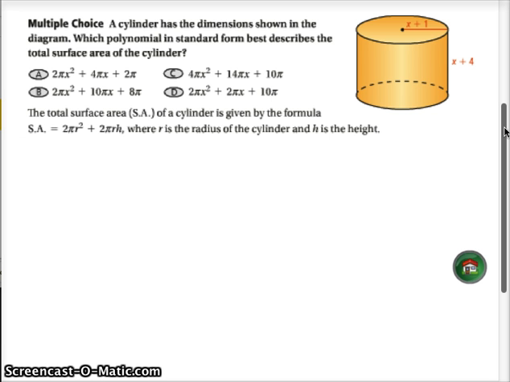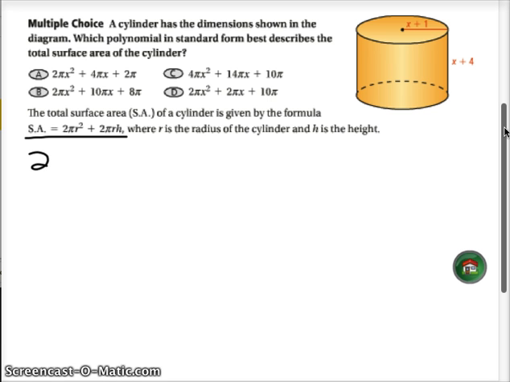The total surface area of a cylinder is given by this formula right here, where r is the radius and h is the height. All right, so first thing I want to do is, since I have a radius of x plus 1 and a height of x plus 3, I'm just going to plug those in for r and h.